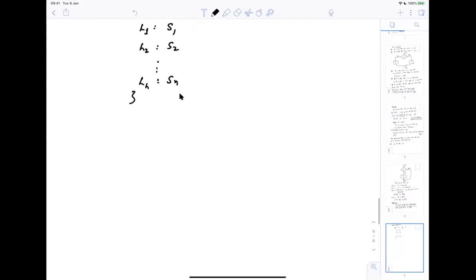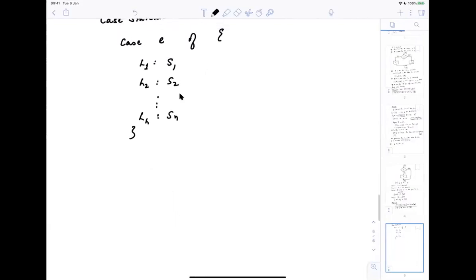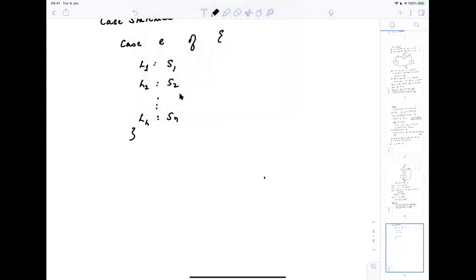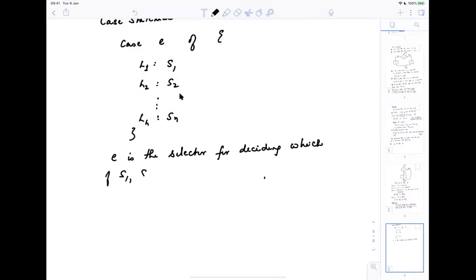What is the meaning of it? Basically, if you look at it, E is the selector for deciding which of S1, S2, Sn must be executed.